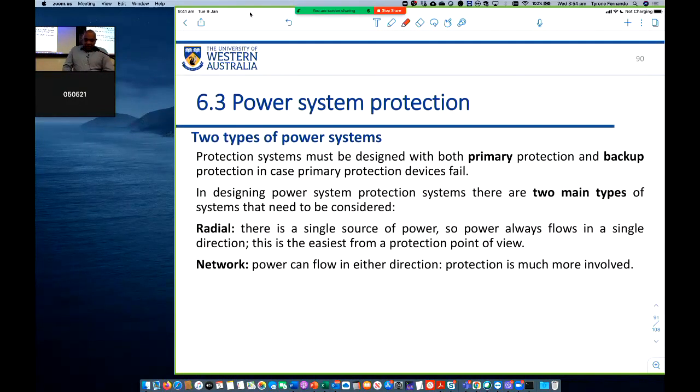So what are the types of power systems? There are two types: one is a radial network, and the other is a mesh network. In the metropolitan areas close to the city where we live, it's a mesh network.